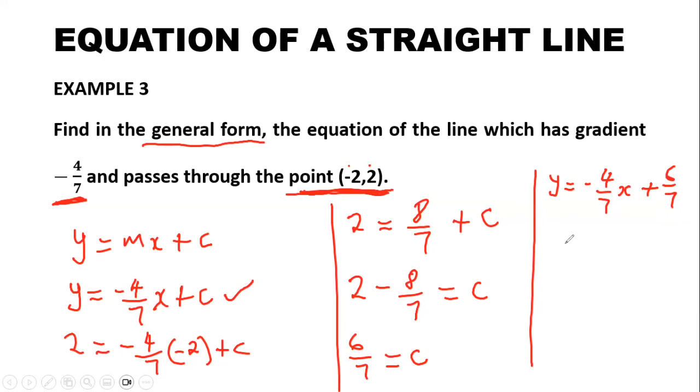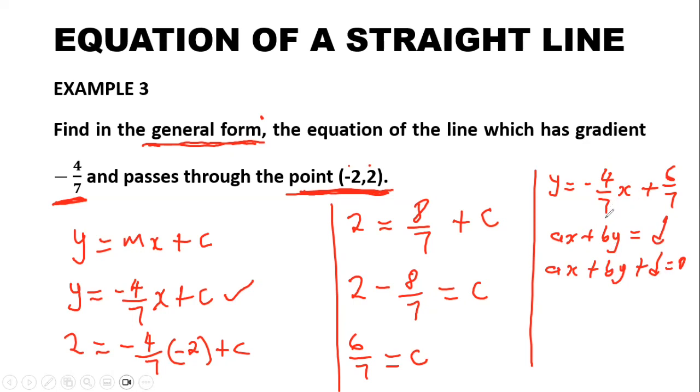But the question says we should write the equation in the general form. And the general form of the equation of a straight line is in the form ax plus by equal to d, or ax plus by plus d equal to 0, where d is any integer.